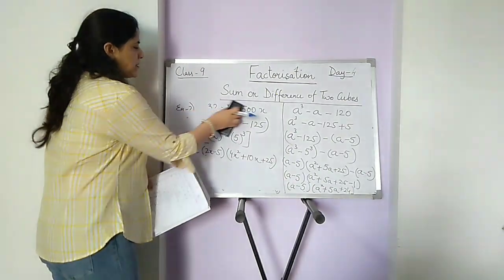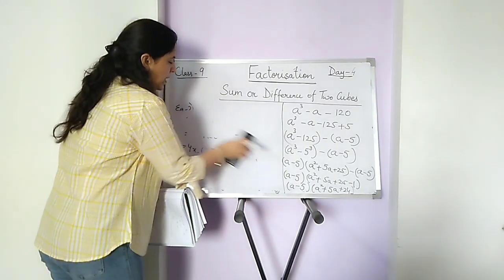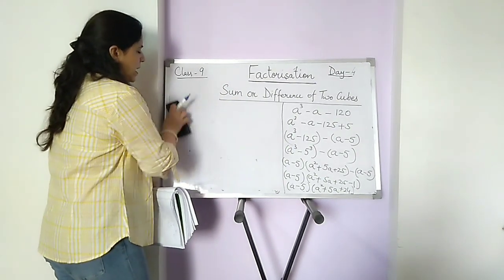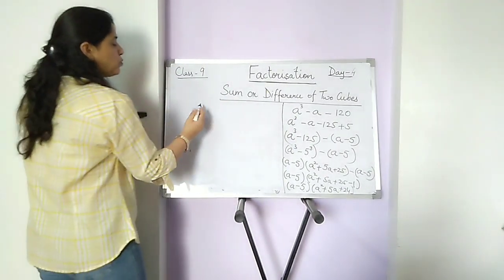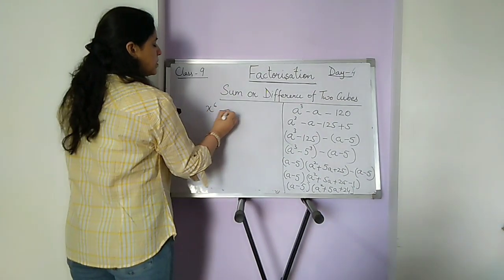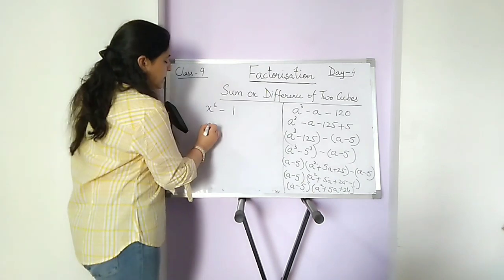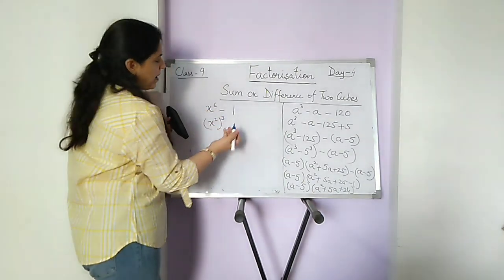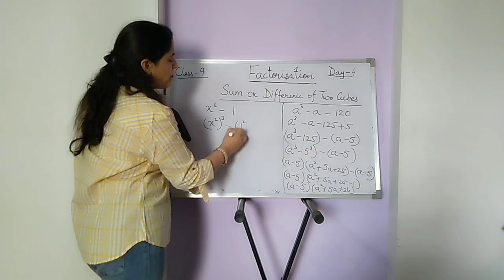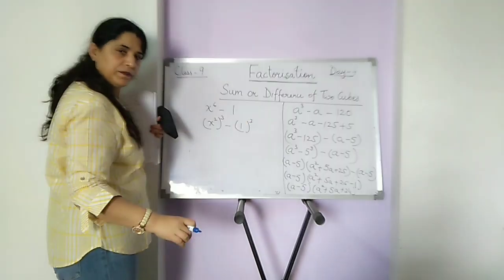One more time, last example, very simple one, x to the power 6 minus 1. Now when you have x to the power 6, my God, such a difficult thing. Okay. This can be written as x square to the power 3 minus 1 square to the power 3, or 1 to the power 3, it's the same thing.